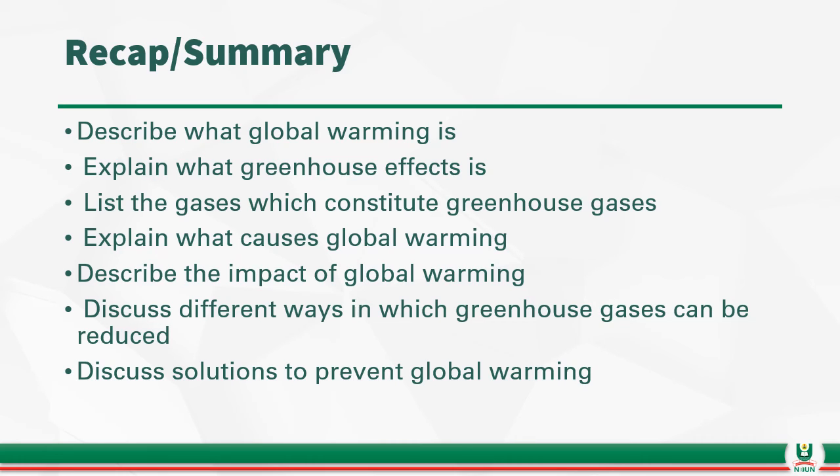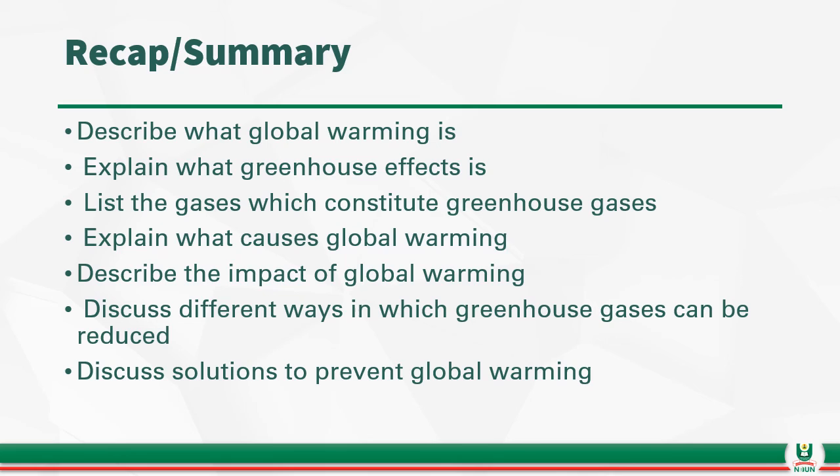Greenhouse effect is the rise in temperature on Earth as certain gases in the atmosphere trap the Earth's radiated energy. The gases that constitute greenhouse gases are carbon dioxide, methane, nitrogen oxide, hydrofluorocarbons, perfluorocarbons, sulfur hexafluoride, and water vapor.